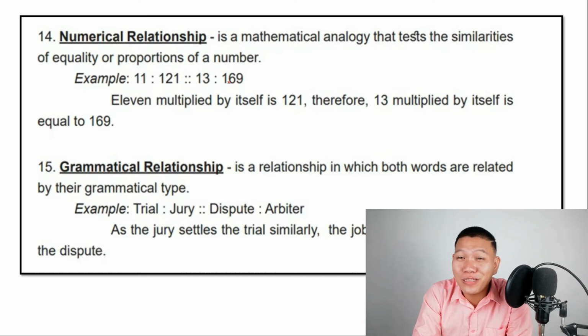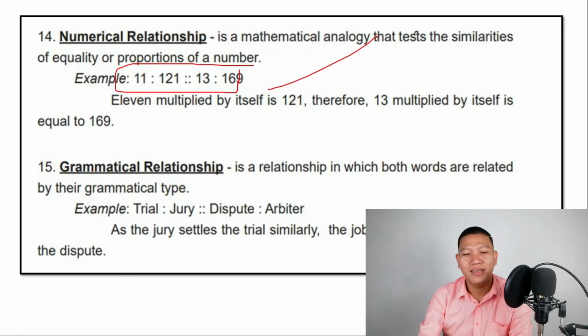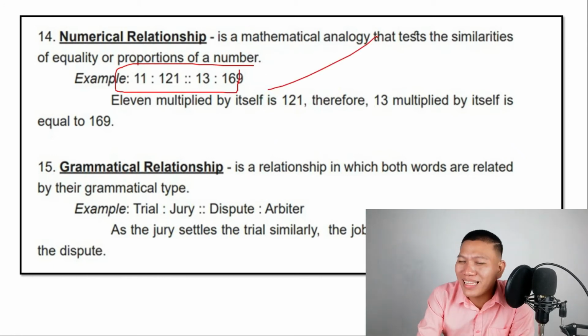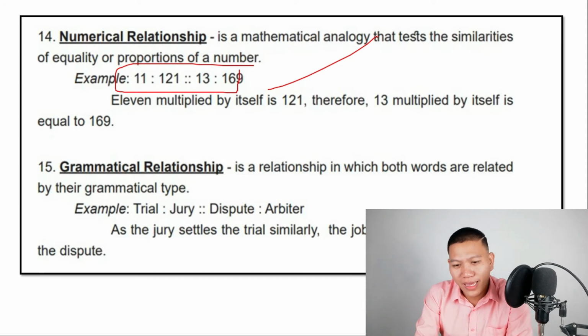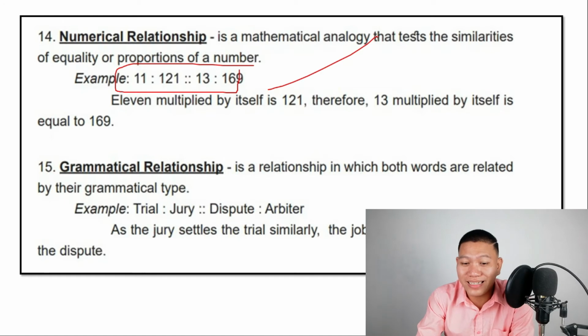So 11 was multiplied to 11 and we get 121. And then 13 times 13, we get 169. That's why. Correct. Number 15, grammatical relationship is a relationship in which both words are related by their grammatical type.